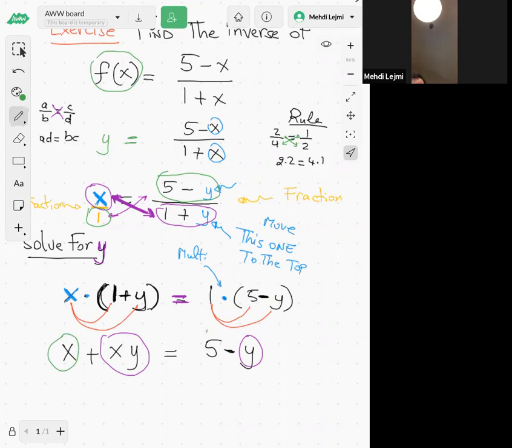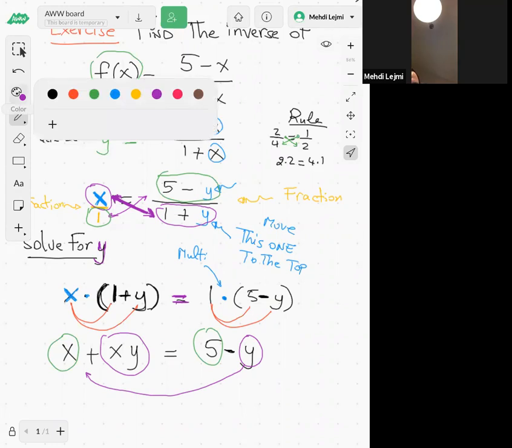This 5 here, there's no y. So what I'm gonna do, I'm gonna move this y to the left. Then I would have all my y's on the left, and I'm gonna move the x, because there's no y in this x, to the other side.